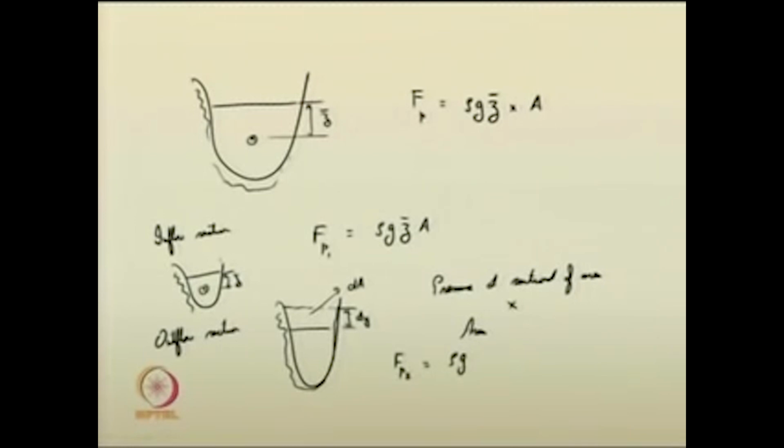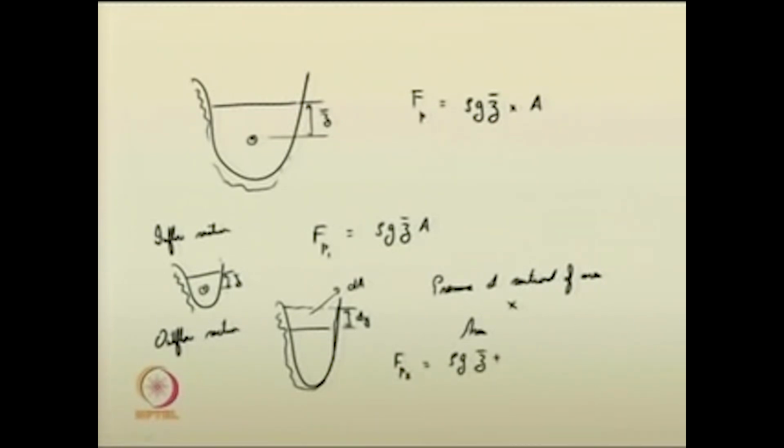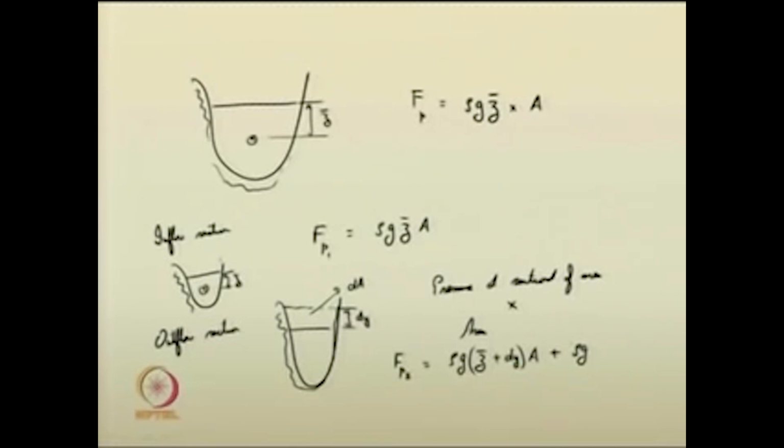This is nothing but rho g into, earlier it was z bar, plus dy, into A, plus rho g dA into dy by 2, whatever change in area there is. This is elevated by dy, isn't it? And that increase in area is dA. So, dA into dy by 2 will be the force created there due to pressure in that location.